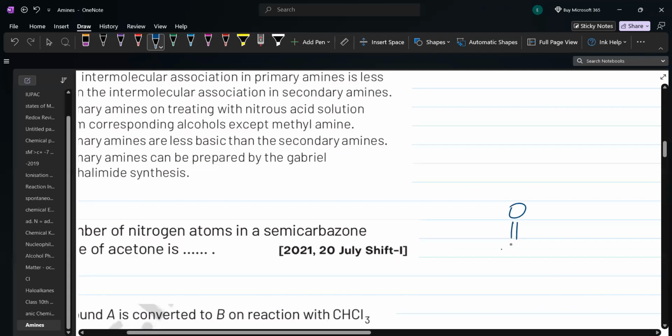Try to remember it like this: a ketone, in which it is not bonded by carbon but nitrogen. Okay, like this. This is a normal ketone, but it has been bonded with one more nitrogen group. Okay, so this is semicarbazide.